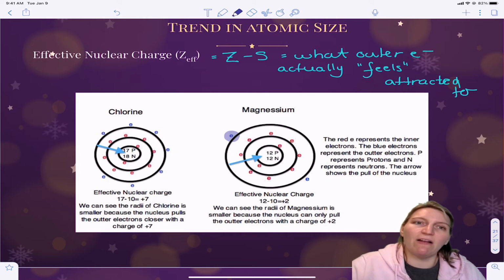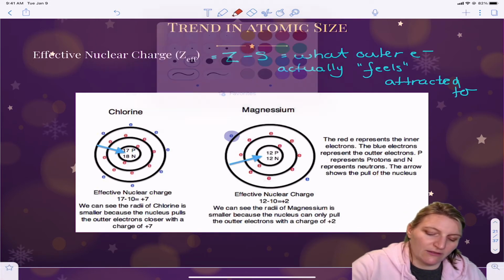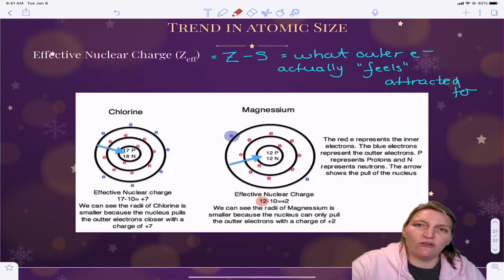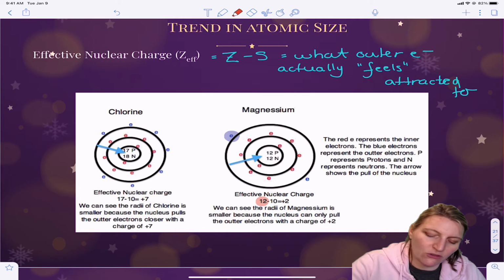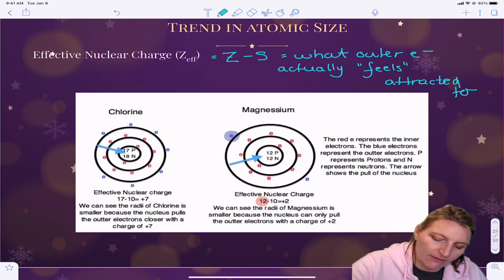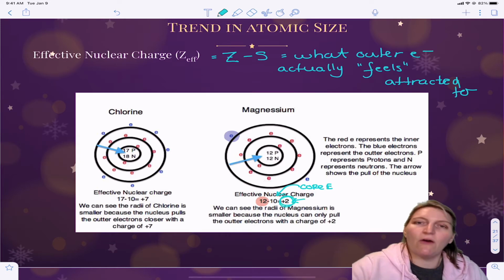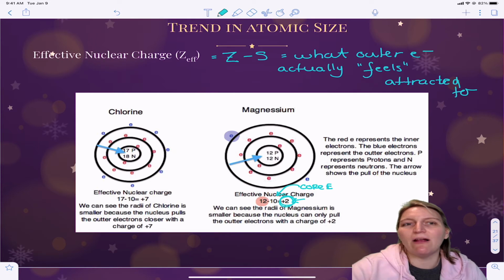It doesn't feel like it's being pulled by 12 protons, even though there are 12 protons in the nucleus, right? The 12 protons in the nucleus are shielded by the 10 core electrons. So those outermost electrons only feel like they're being pulled by 2 protons.